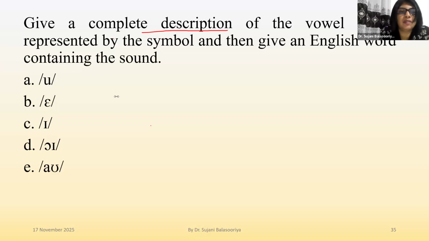For example, the first one, U. So you can write any word that has the sound U. That's not a big work, but you need to think a little bit further when you write the description. Of course, you don't have to explain. I want you to write briefly. That's it, right? Yes, okay, Asha, you have sent something.